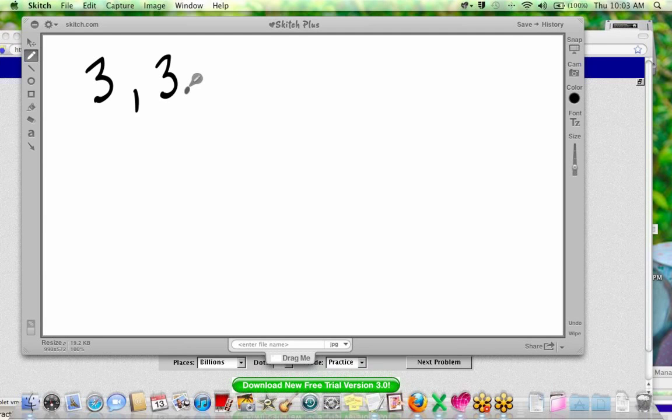So how do I write this in exponential notation? 3 friends each bought 3 candy bars. 3 to the 3rd power.